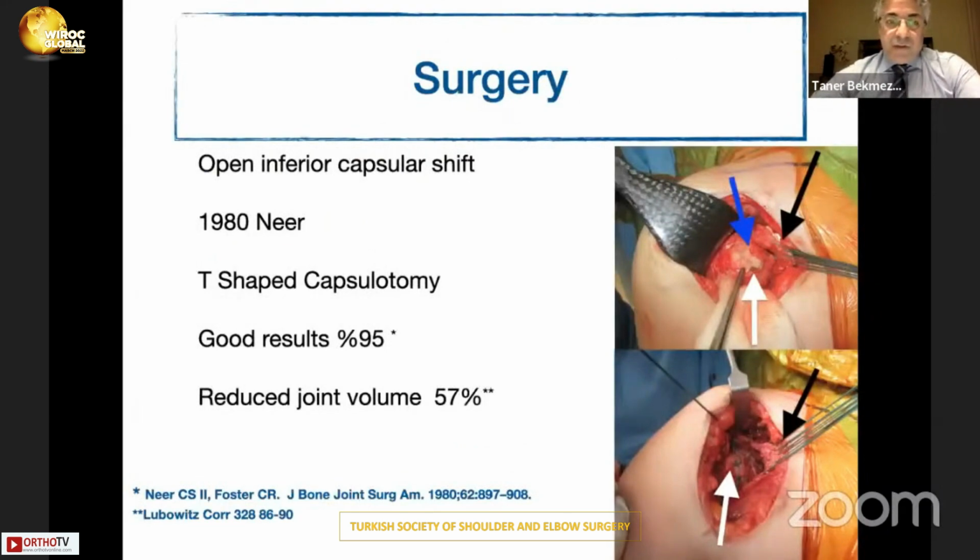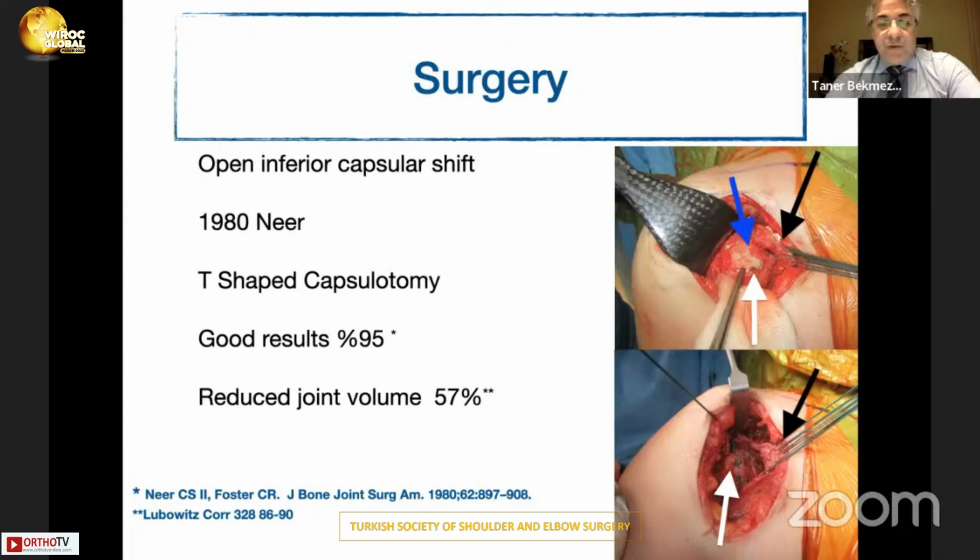When we come to surgery, in non-structural multidirectional instability, surgery aims to restore passive stability by reducing the capsular volume. Studies have reported good results for inferior capsular shift and capsular plication. This procedure was described by Neer in 1918 in 36 patients with 40 shoulders.